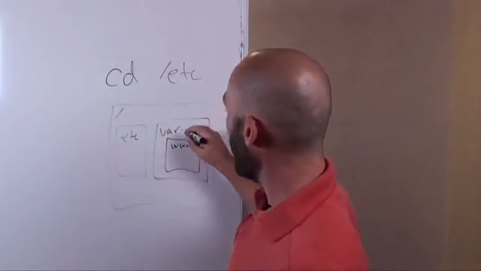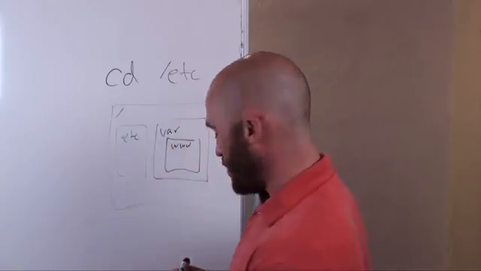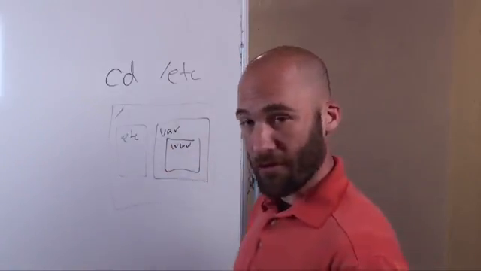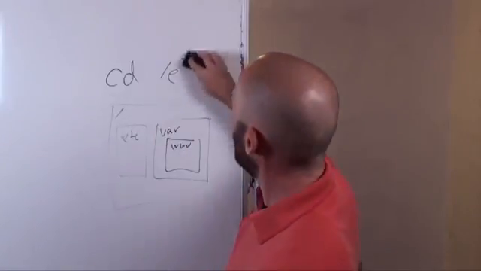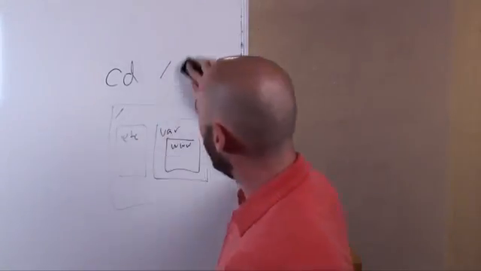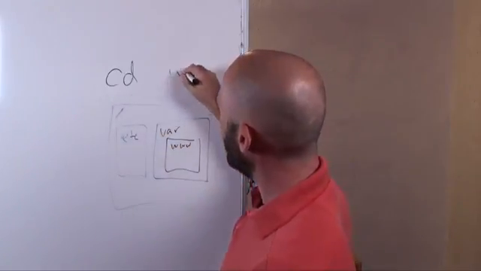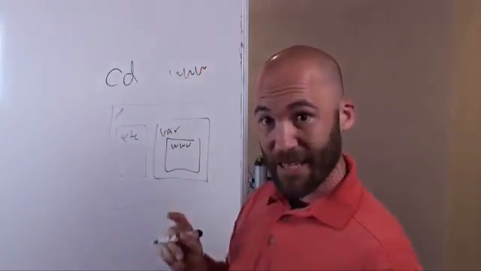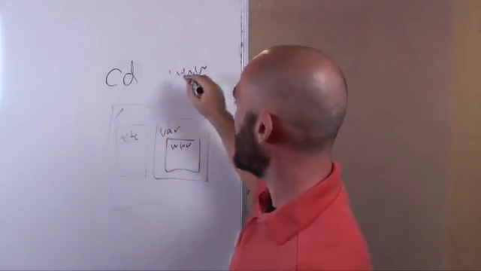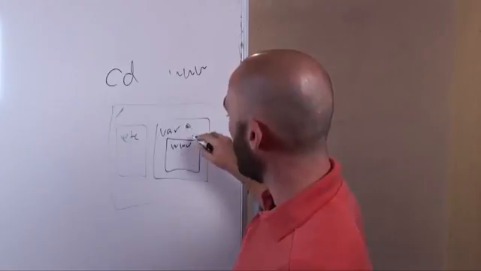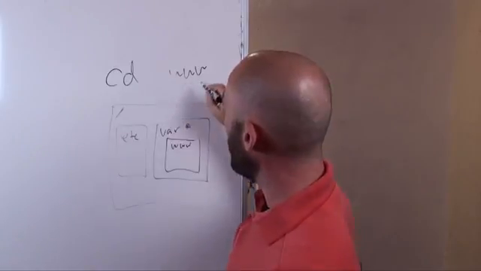If you are in var and you want to go to the www folder, so this is the web root folder in a Linux computer, the command you want to type would be cd space www. That's the command you want to change directory space to www. So you're in var, and you want to go to www. That's how you would get there.